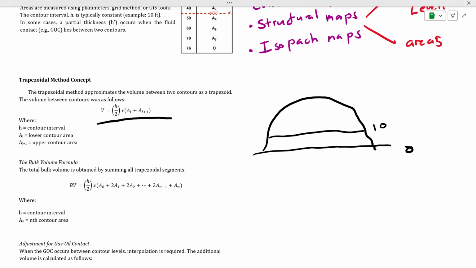So this is basically the way of calculating the volume of an interval.